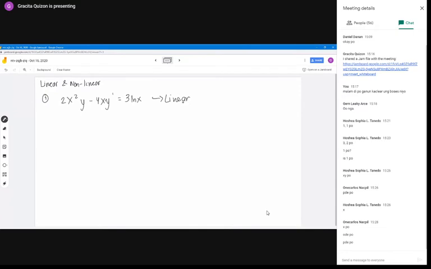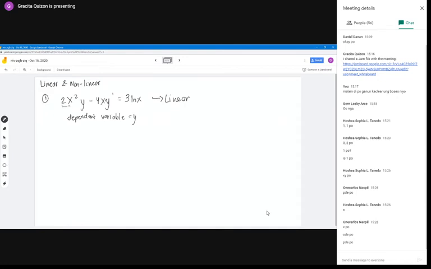First, we have to check the dependent variable. What is our dependent variable? Y. The dependent variable y and all of its derivatives should be in the first degree. Yes, they are first degree. Then, no product of the dependent variable or any of its derivatives.